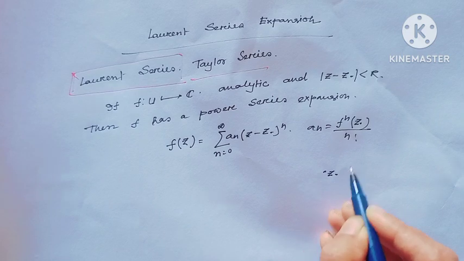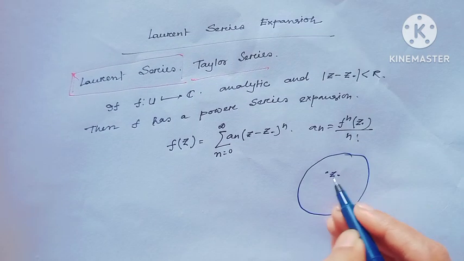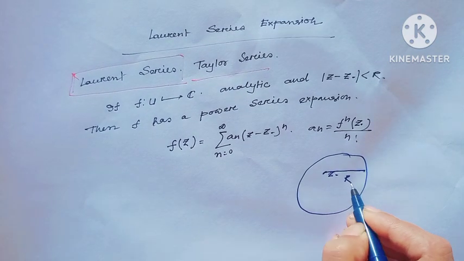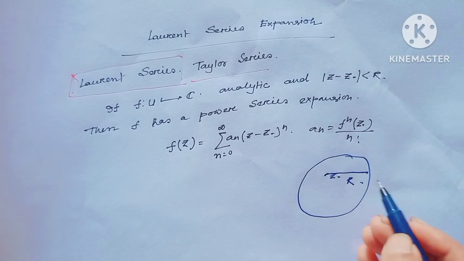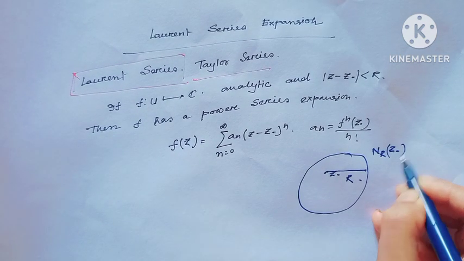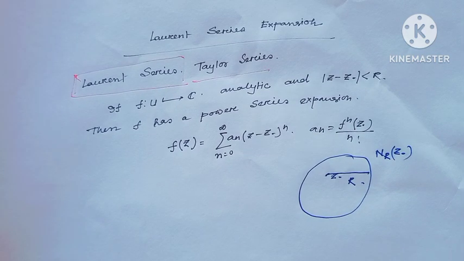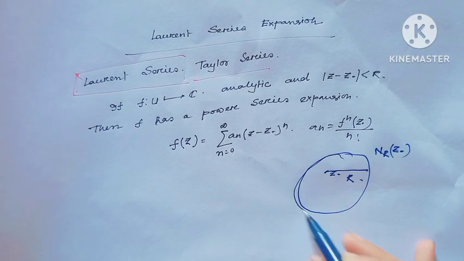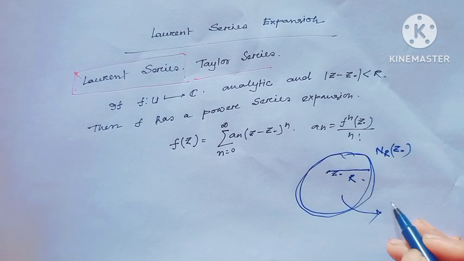This is the z0. That means in this neighborhood r of z0, the function has a power series, and in this neighborhood the function is analytic.